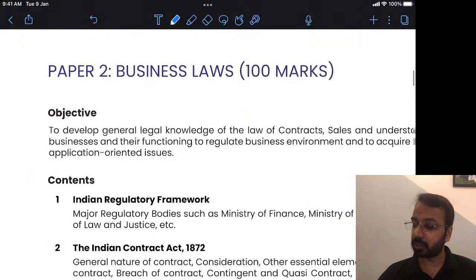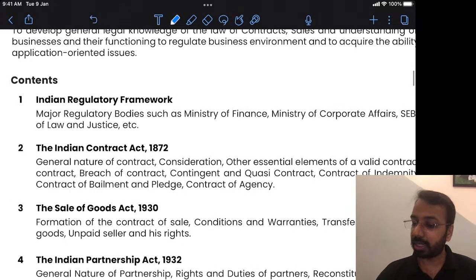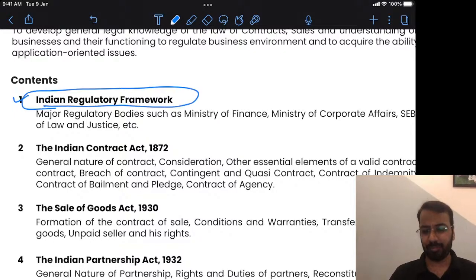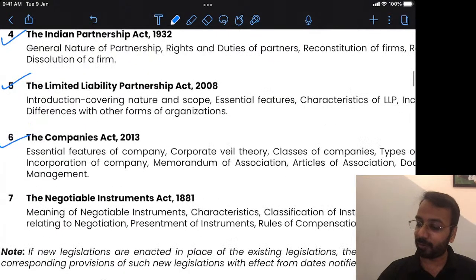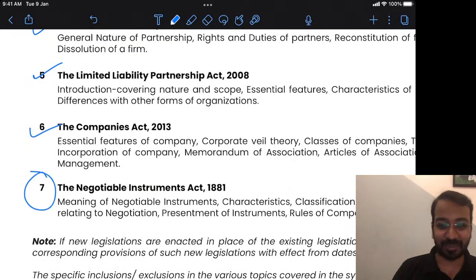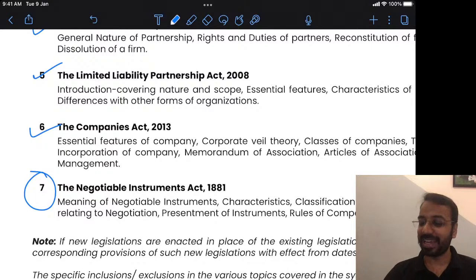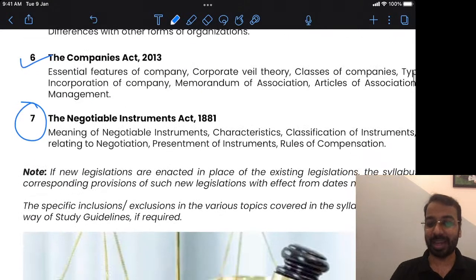Now coming to business laws, they have added a new topic called the regulatory framework. Basically understanding how the laws are framed, a basic conceptual understanding, nothing great. Then these three laws were there. Companies Act was also there. They have added one of the most difficult chapters, if you ask me, from CA intermediate, which is the Negotiable Instruments Act.